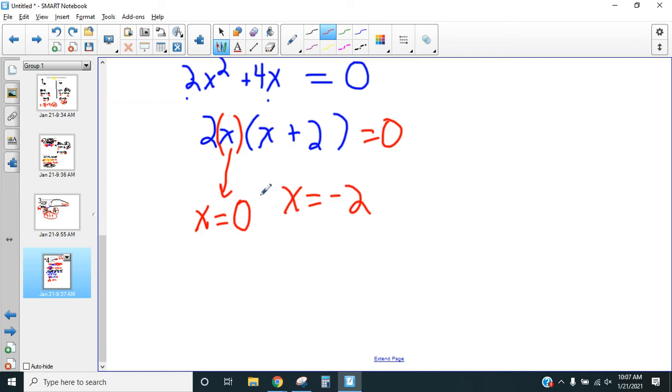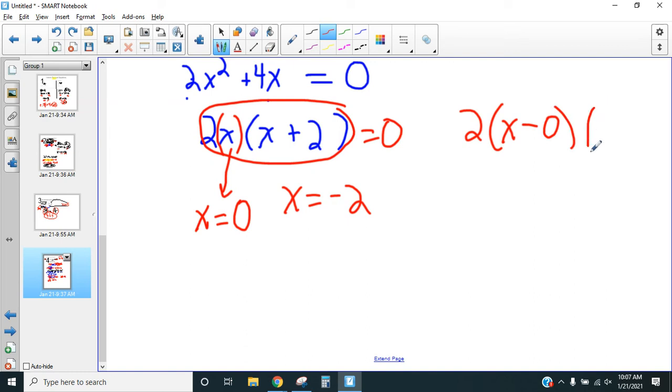Okay? Another way to think about what I just wrote here is this. So quick little sidebar. Isn't this the same thing as just saying x? Isn't it? Right. So a lot of people, when I write it out this way, x minus 0, they're like, oh, that answer is 0.